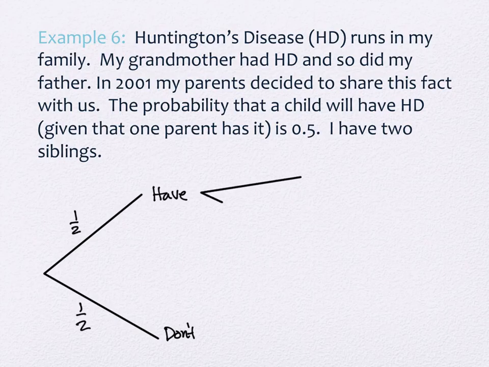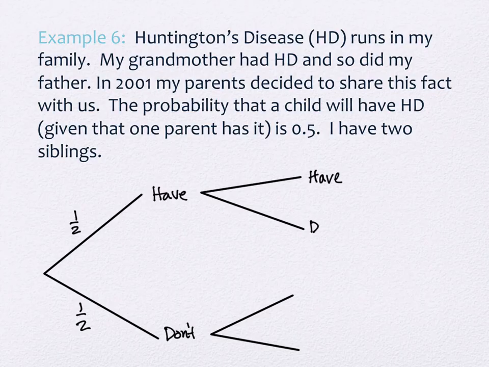Child number two is my sister. My sister lives in Bethany, and she has the same possibilities that I do, right? She either has it or she doesn't. So I'm going to keep saying have, don't. Third child is my brother.